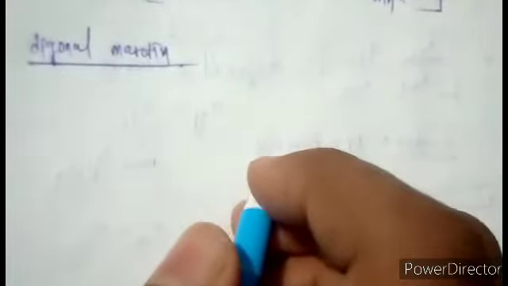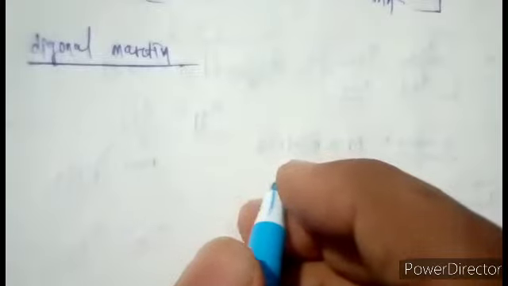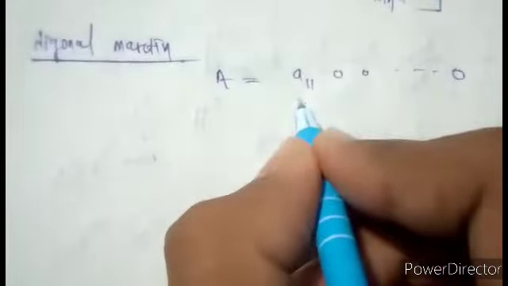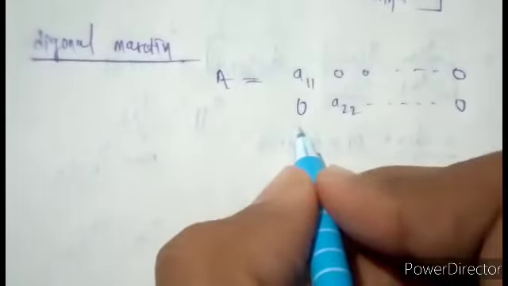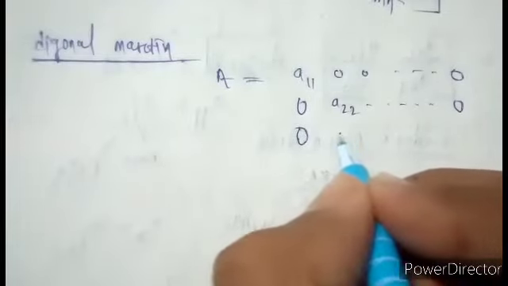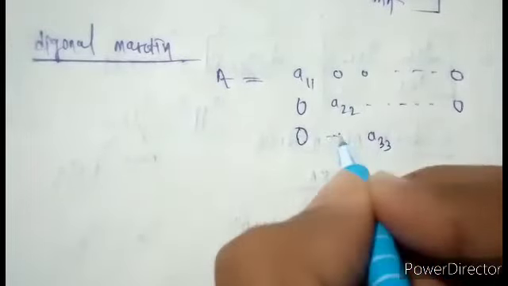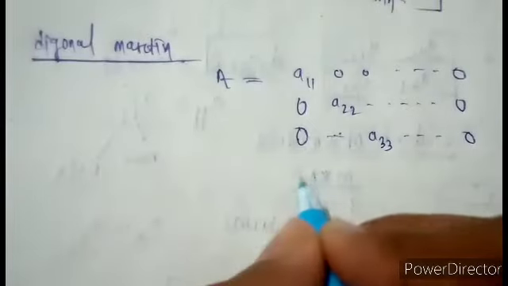Let us take an example. A is equal to, except the diagonal elements, all the terms are 0. So the example: A11 0 0 up to 0, 0 A22 0, similarly 0 0 A33, simply we can write.